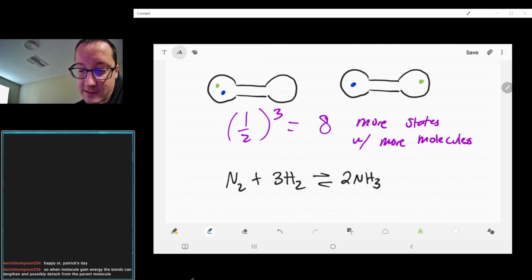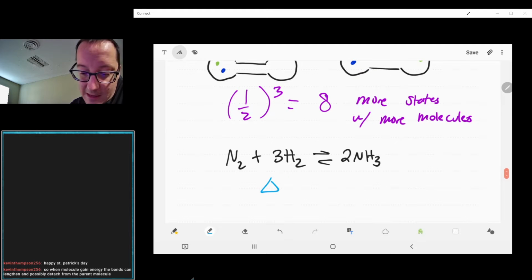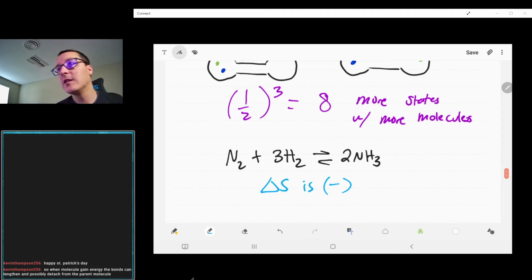So this process right here, delta S is negative for this process, right? We can see that because we're forming fewer molecules as a result. So the more gas molecules you have, the better your entropy is. So the change in entropy for this reaction, we're going from 4 gas molecules to 2, that will be decreasing the entropy because you're removing possibilities of what they could do.